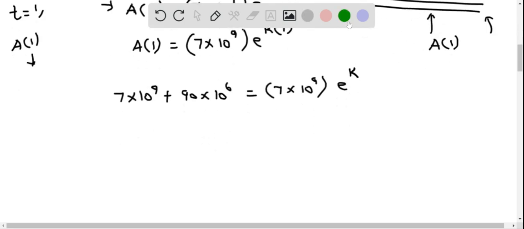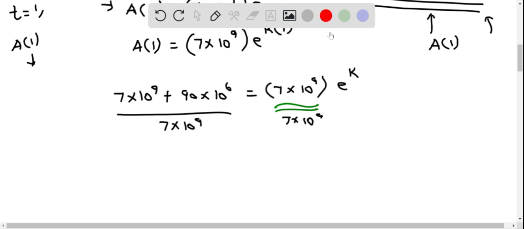First, I'm going to divide both sides by 7 times 10 power 9. So when I do that, 7 times 10 power 9 and 7 times 10 power 9 get cancelled, and here we will be left with e raised to the power of k.